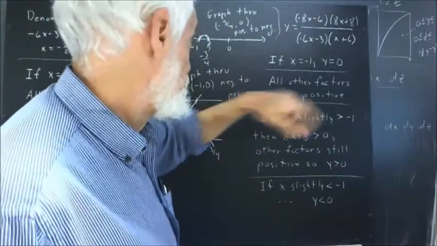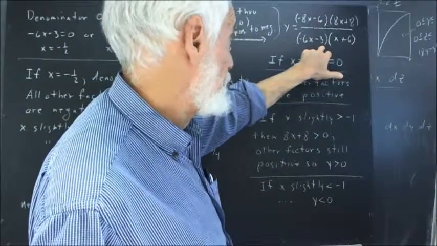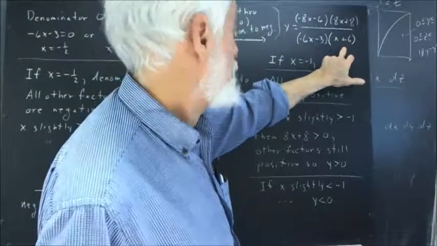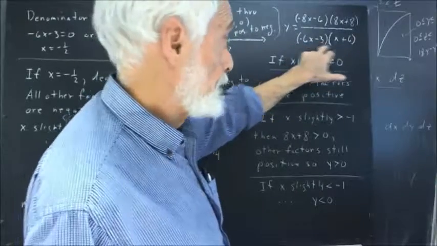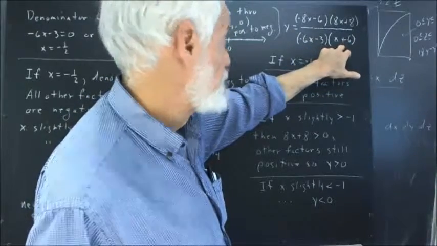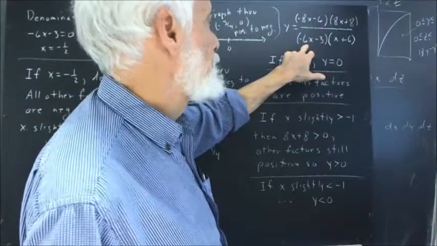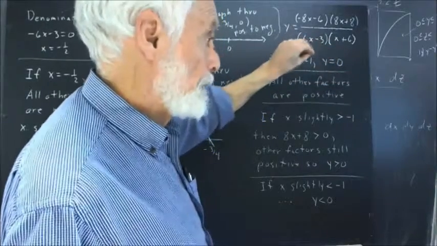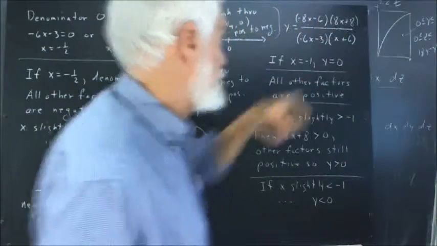The denominator is close to 0 because this is close to 0 and this isn't all that big. If we make this close enough to 0, it doesn't matter how big this one is. This is going to make the denominator approach 0. The numerator is not approaching 0.